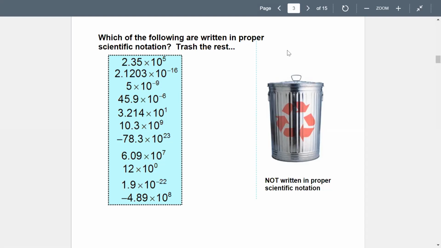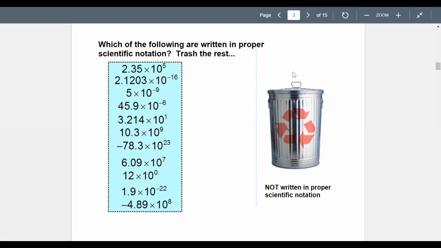Mr. Sellers? Yes. What did you say to put in parentheses after we say identify the coefficient? That the coefficient must be between 1 and 10. So rules to remember: the exponent will be positive if your number is greater than 10, and that means you're moving the decimal to the right.